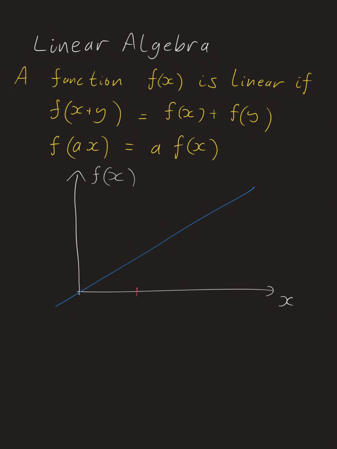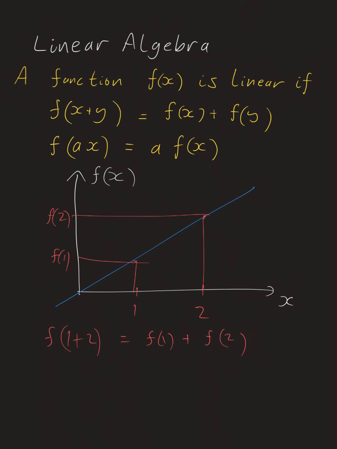Let's say here is 1 and 2. So here is f of 1 and here is f of 2. Now, for a linear function, from that first property, I should have that f of 1 plus 2 is equal to f of 1 plus f of 2.